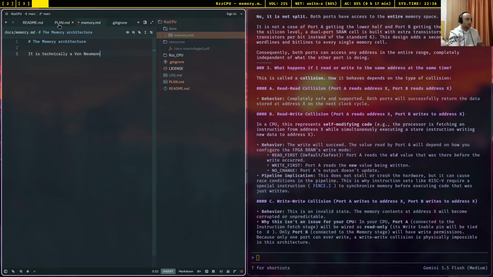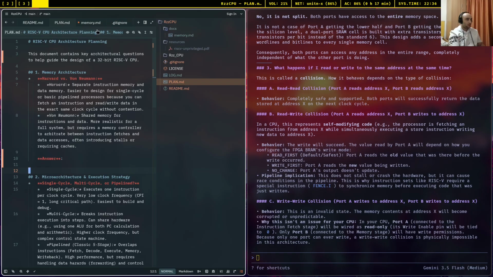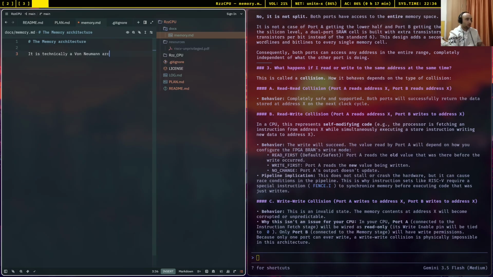Because I will use just one memory. One memory for both the instruction memory and the data memory.